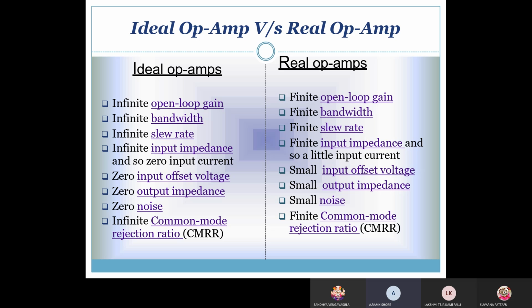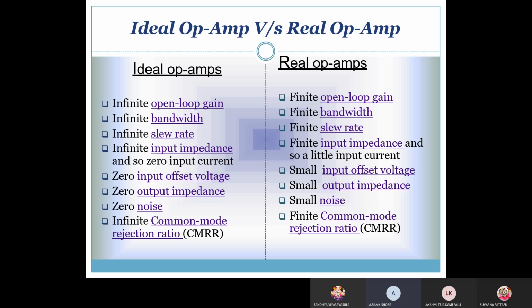Silicon and germanium are pure materials, so that type of material we can call an intrinsic semiconductor. And if you are adding some impurities to that pure silicon and germanium, it acts as an extrinsic semiconductor.